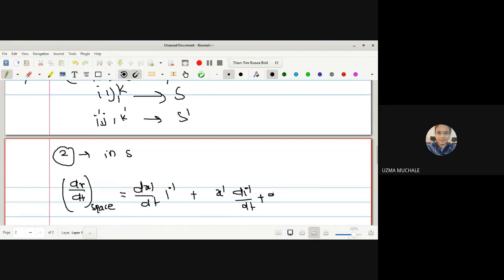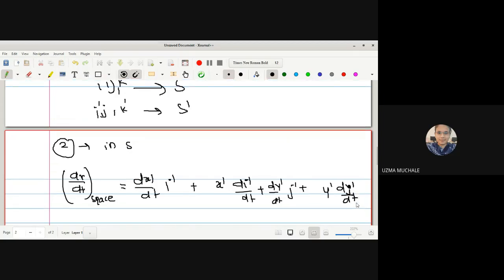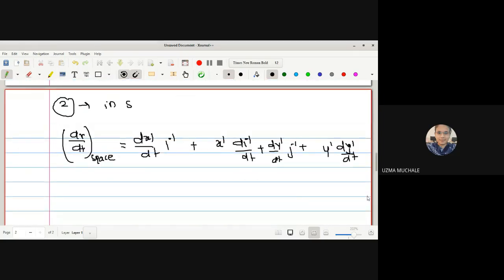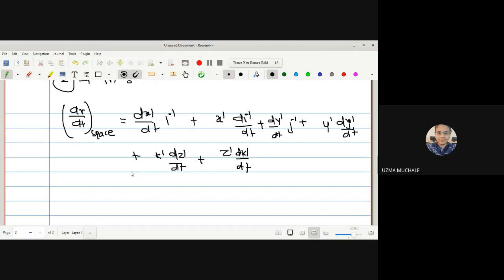Plus the next term, dy dash by dt, j dash as it is, plus y dash as it is, derivative of j dash with respect to t. Plus next we have to consider k dash dz dash by dt plus z dash dk dash by dt. This is the derivative of our equation 2 with respect to the space set of axes.